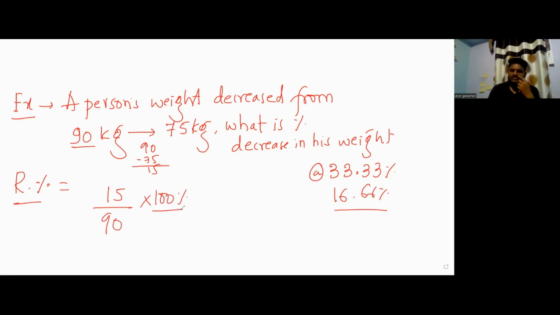This 100% we will not use, because we have a table and we have learned it by heart to save our time. So it will be 15 ones are 15, 6. What is 1 by 6 according to the table? 16.66 percentage. I hope you are getting it.